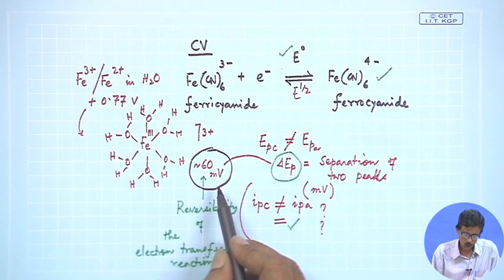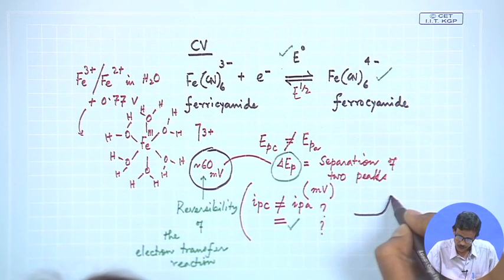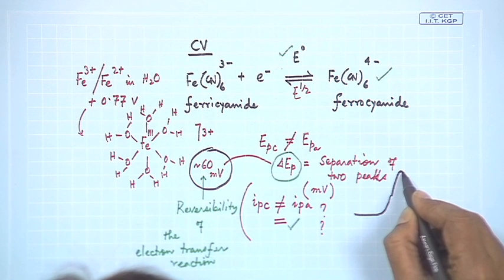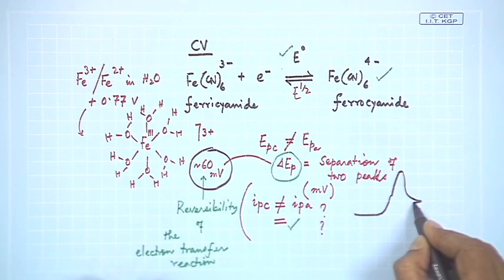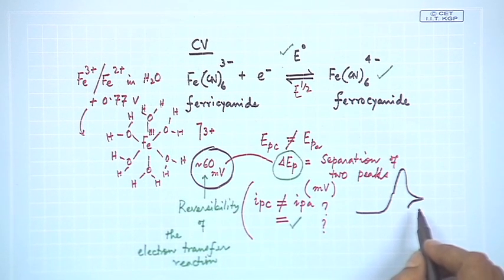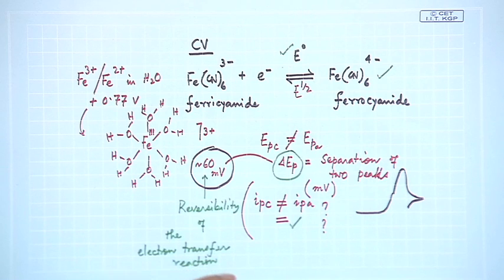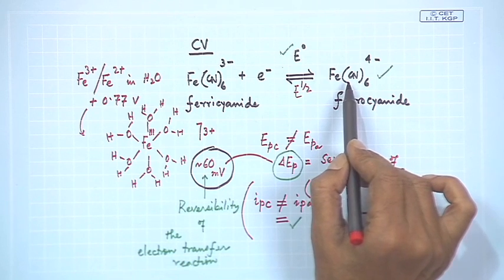When we start scanning and get up to a certain magnitude and then it comes back, this is basically up to this point. So, this is the corresponding scan for this reduction.